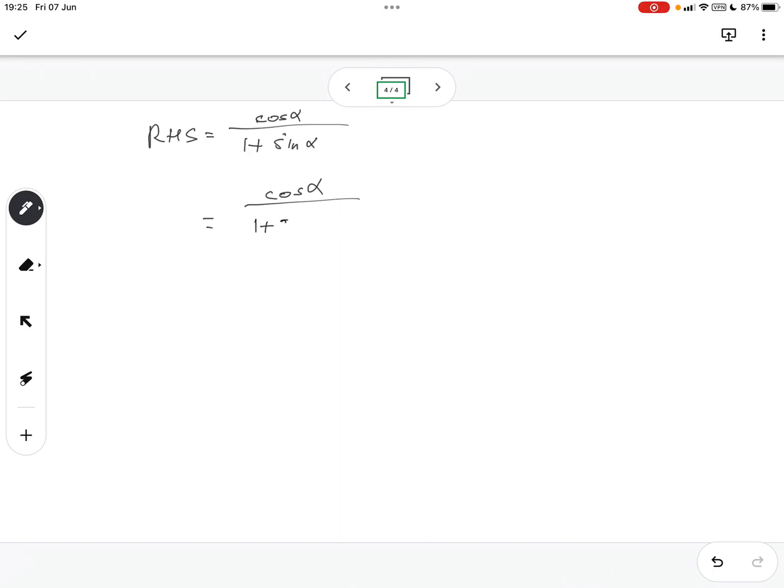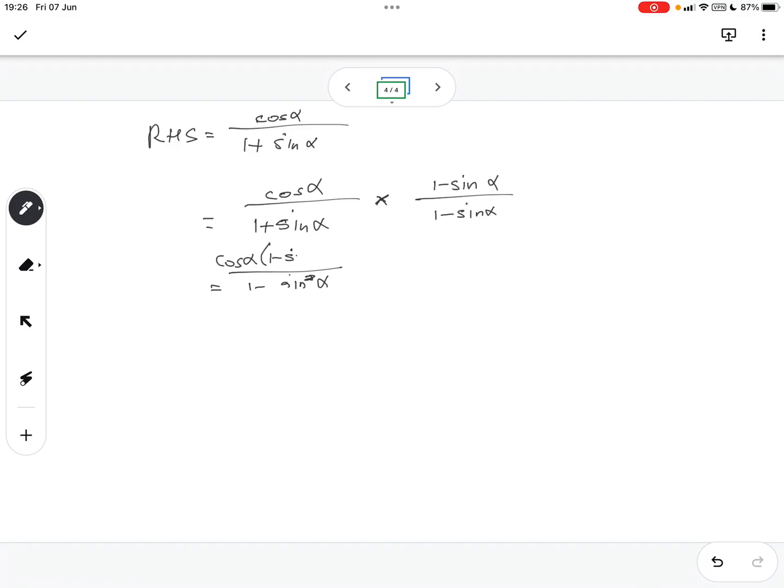We can say cos alpha over 1 plus sine alpha. Can we multiply it with 1 minus sine alpha over 1 minus sine alpha? That equals 1, by the way.